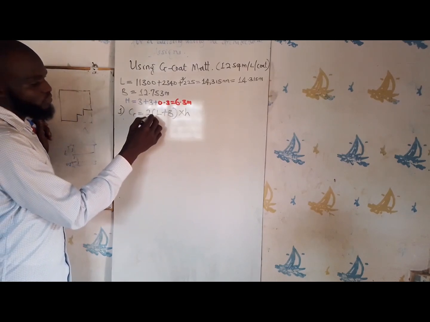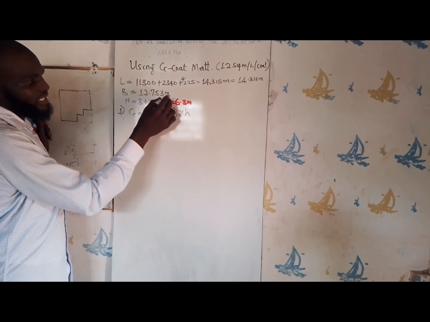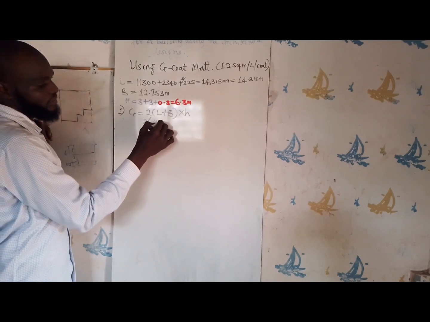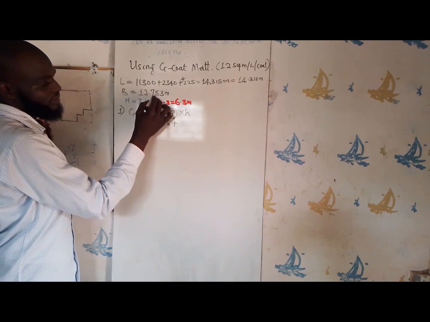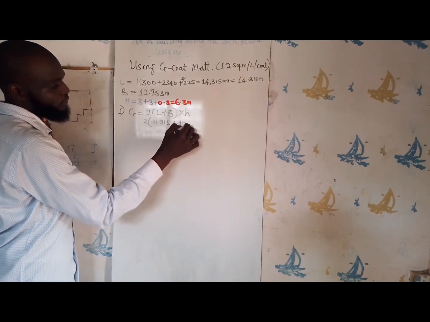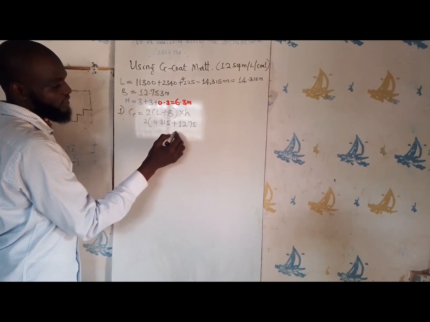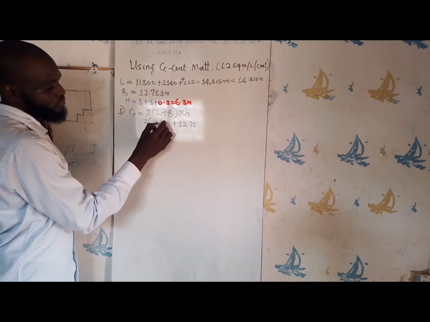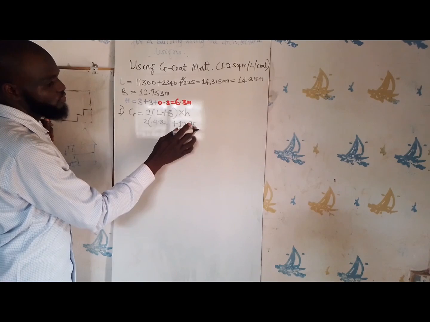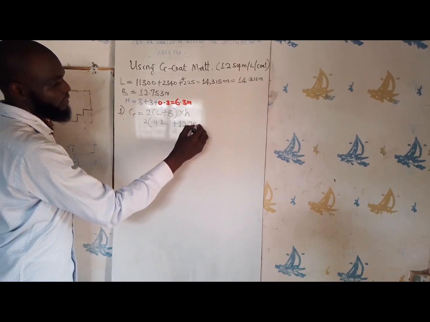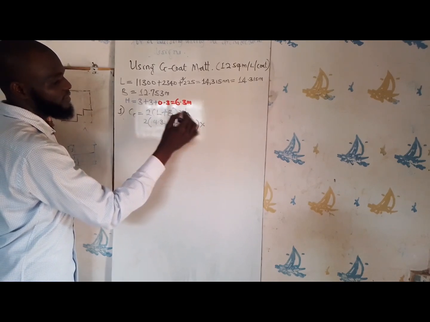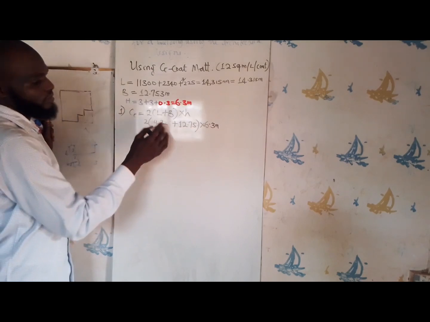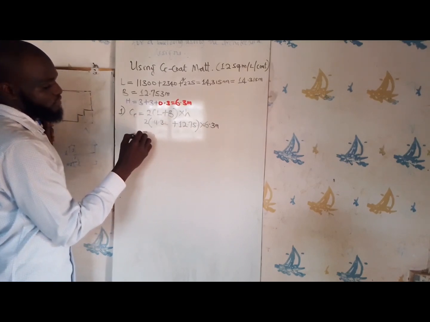Our girth will be 2 into our length, 14.315, plus our breadth, 12.75. Let's approximate them to 2 decimal points. Times the height, which is 6.3 meters. All in meters. So this will give us what?